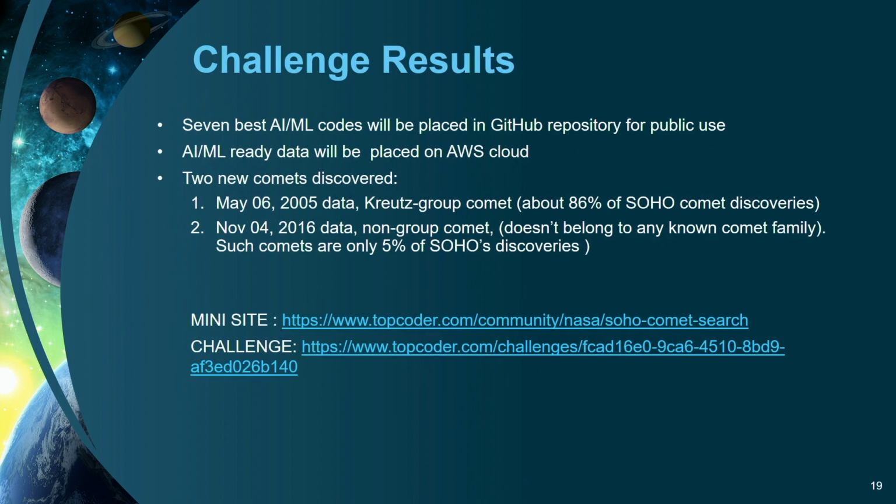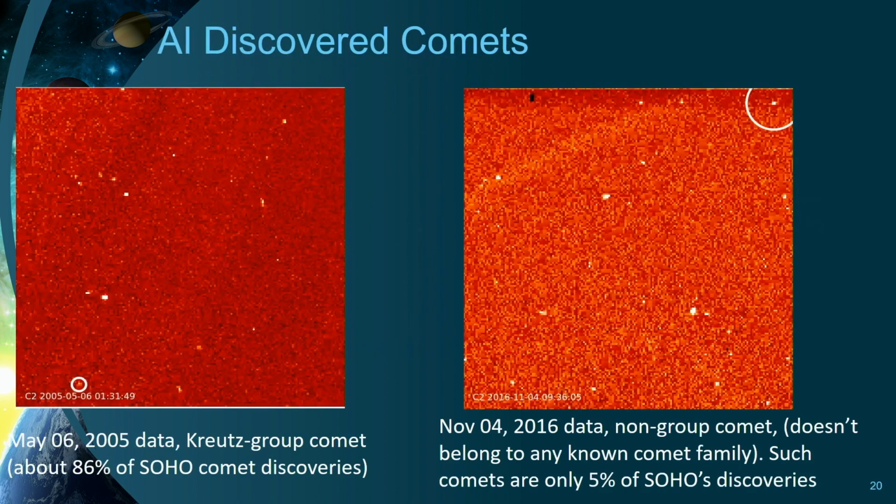The challenge results are now available in a GitHub repository, and not only this: people identified faint comets. They were able to identify 2 new comets in data that existed before. The next slide shows you the data.